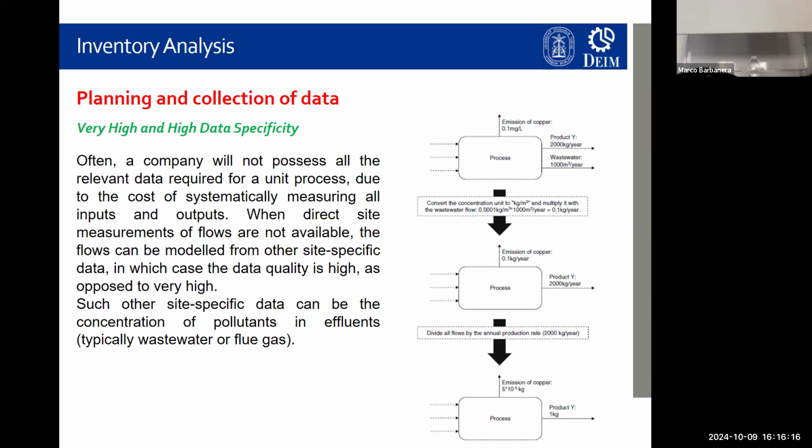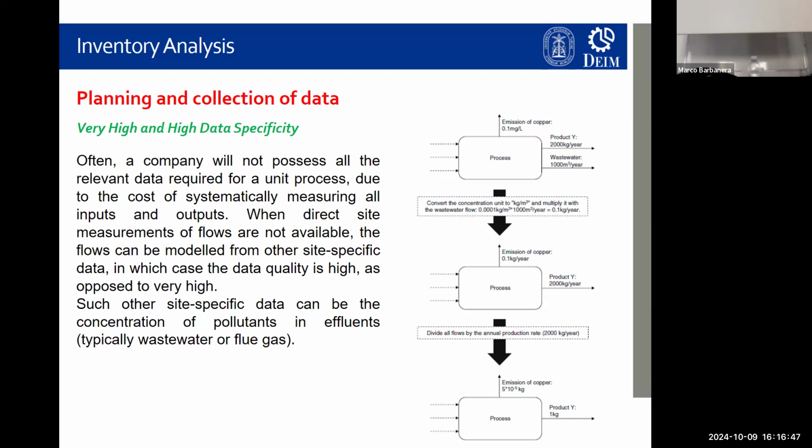Another situation when we calculate the inventory data is this one. In this example, you can see how this problem is typical for when we have an emission into air, soil, or water.